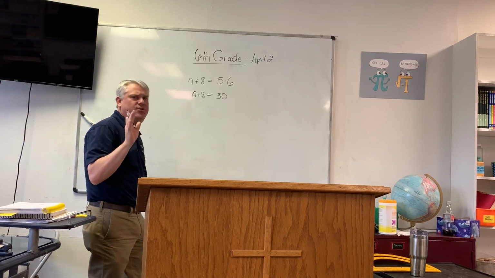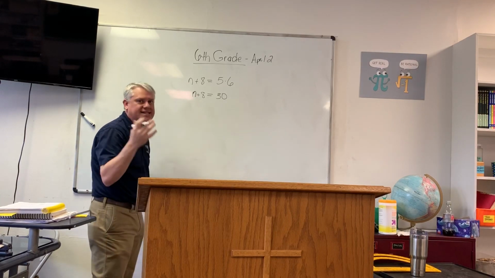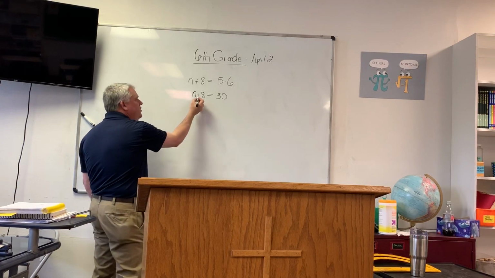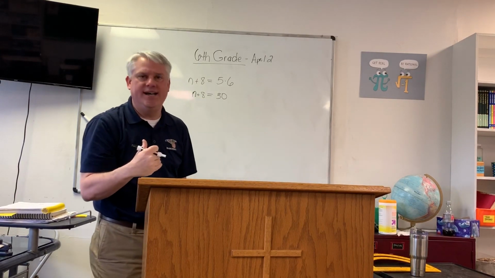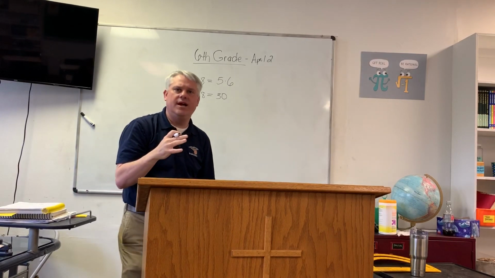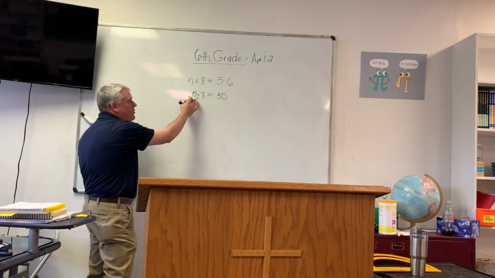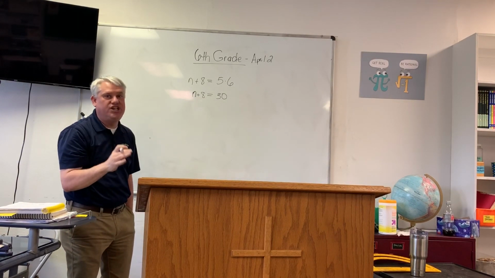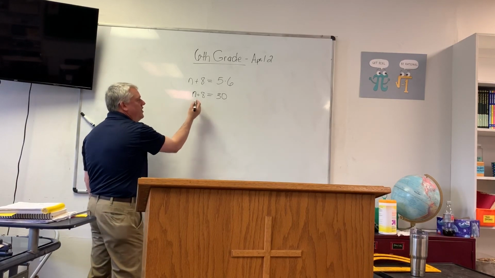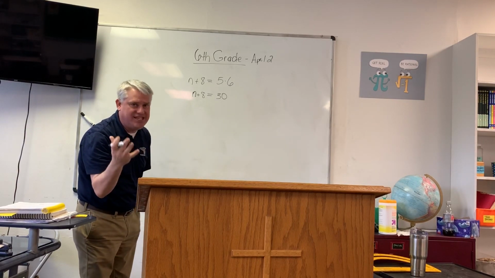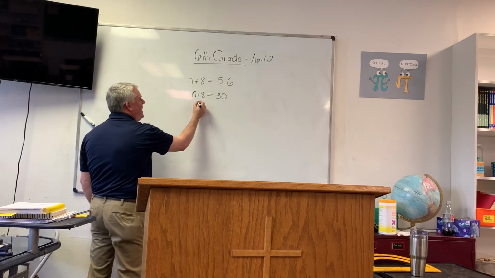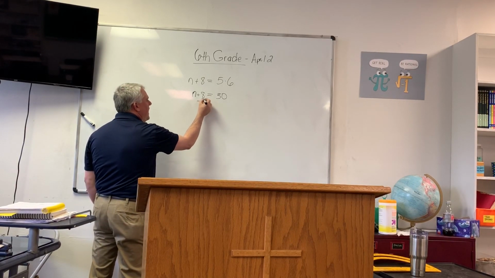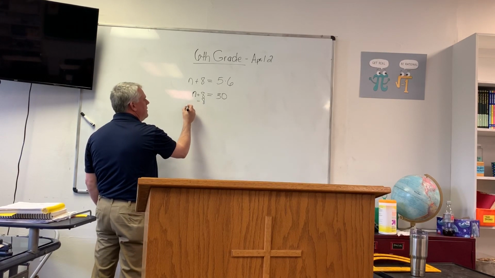So what we like to do here, especially when it's plus and minus, think of it this way. What do I need to cancel out the 8 on this side? I'm going to look at doing the opposite operation. What's going on here between n plus 8? It's addition. What's the opposite of addition? It's subtraction.